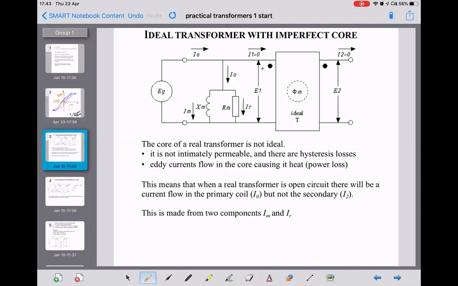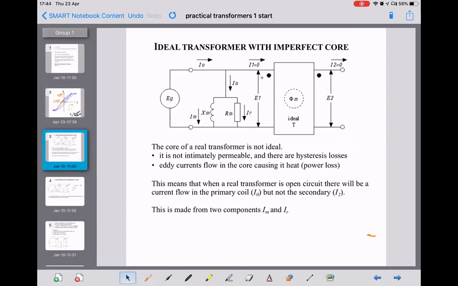Right, so first of all, we're going to look at the ideal transformer and how we can represent the imperfect core. At the moment, if you look at the diagram, we're considering a transformer where there's nothing connected to the secondary side.